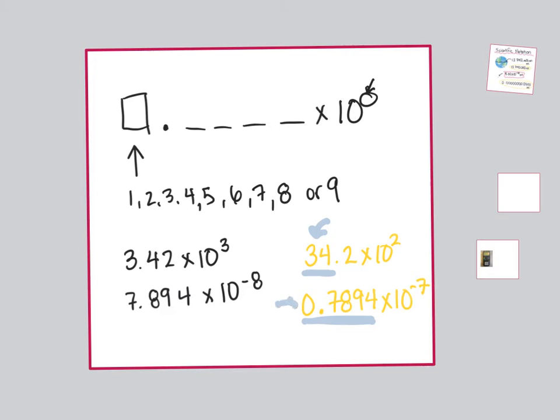First one is 34, the other one is 0. Those are not numbers between 1 and 9. In the first two numbers, you have a 3 and a 7. Those are between 1 and 9. So again, scientific notation is going to start with a number between 1 and 9, a decimal place, then the rest of your numbers, and then times 10 to the exponent that you need.